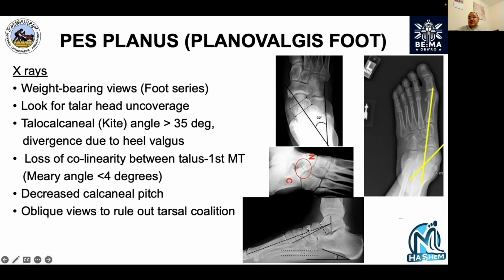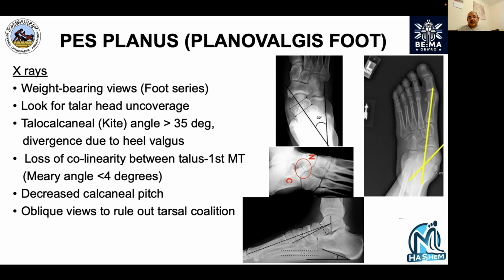And normally these lines should be either parallel or within 3 to 4 degrees from each other. If this angle, Meary angle, is positive, this means this is a cavus. If negative, this means it's a planus. So if the Meary angle goes less than 4 degrees, meaning it's going into negative, this means a planus. If it's increasing, it means a cavus.